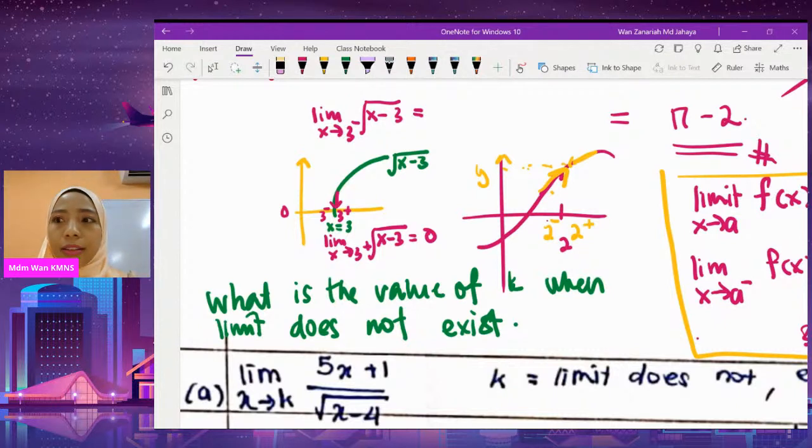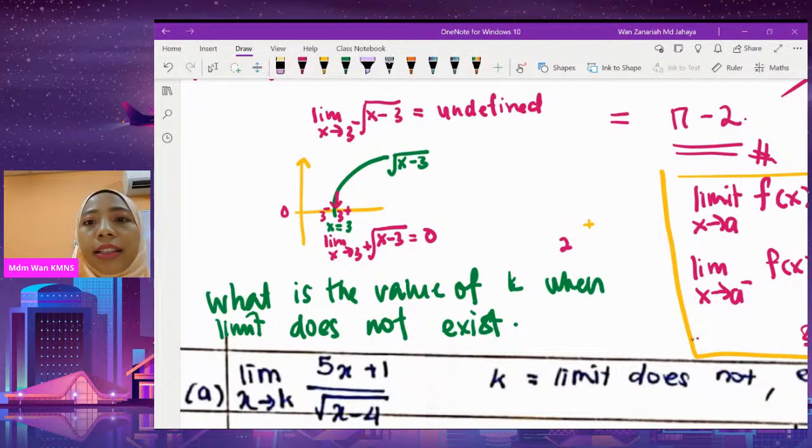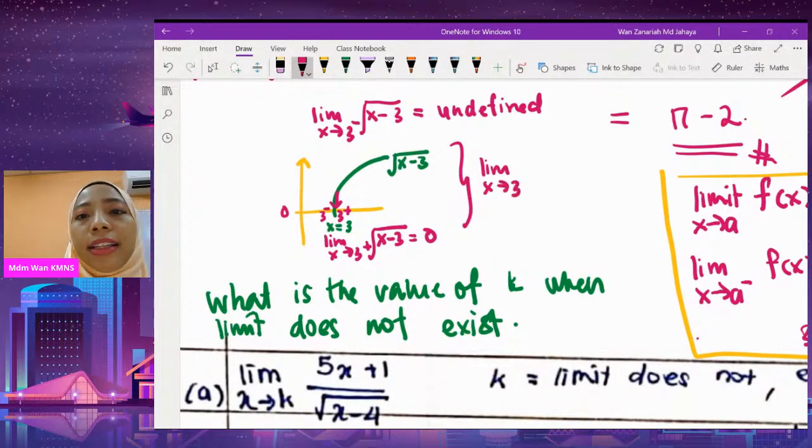You cannot, right? So this one is undefined. So can you say the limit exists or not? No, the limit does not exist. So in this case, the limit at x approaching 3 does not exist.